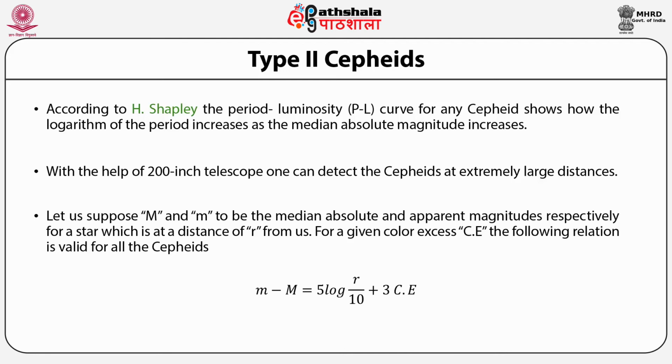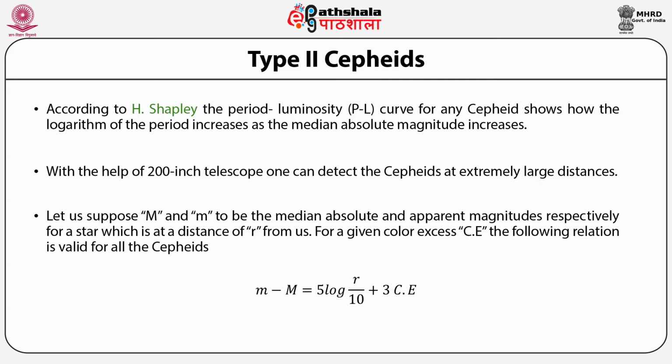The color excess in this expression is the difference between the observed color index and the color index the star would have in the absence of obscuration and reddening.